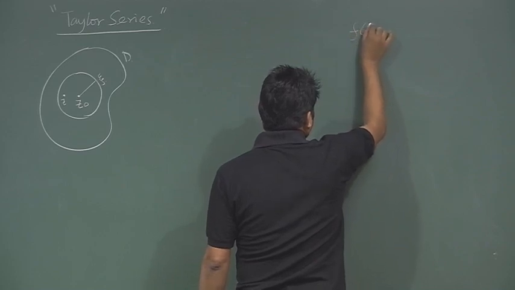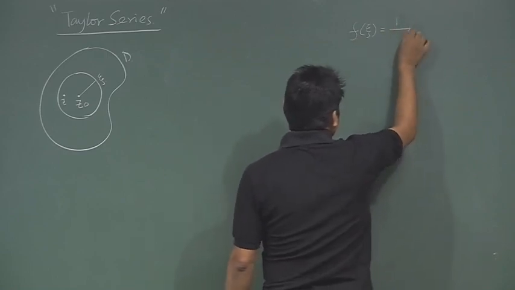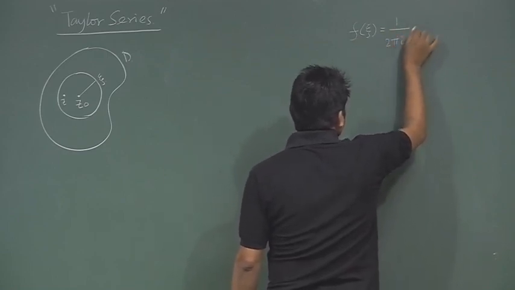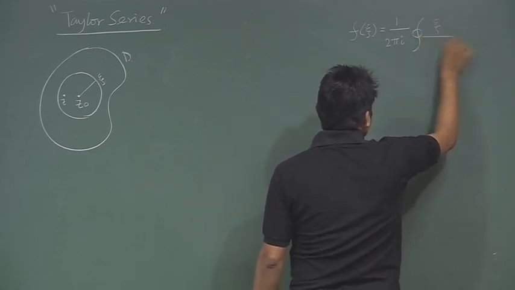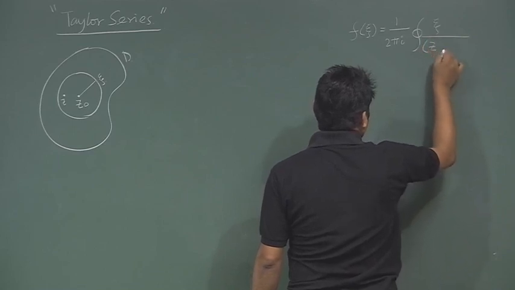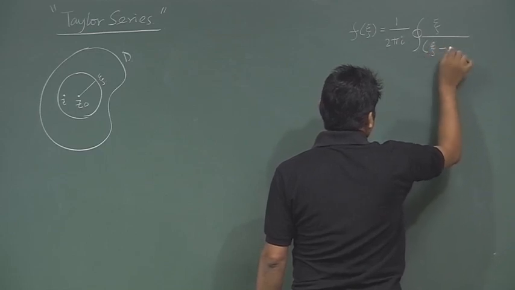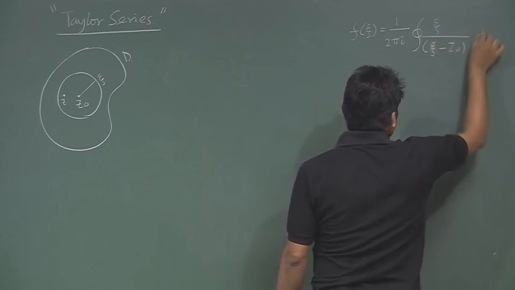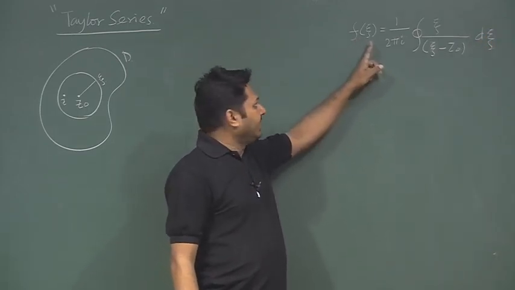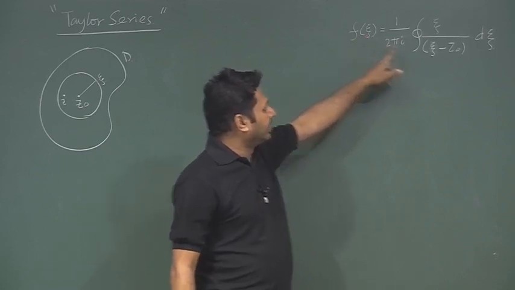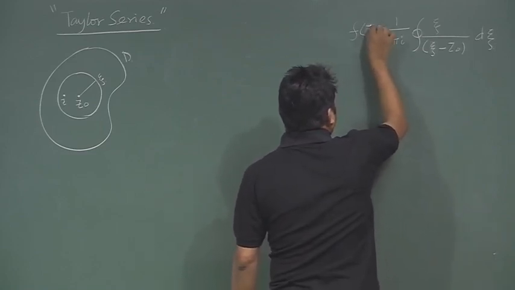The Cauchy's integral formula suggests this is 1 by 2 pi i, integral of f(xi) divided by xi minus z, where xi is the variable here.